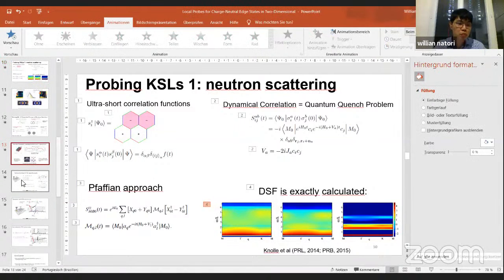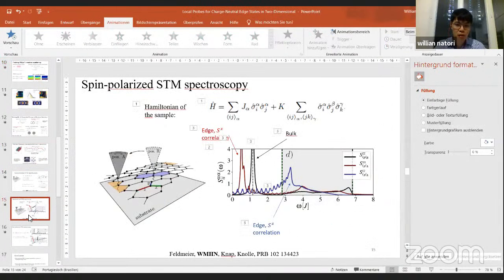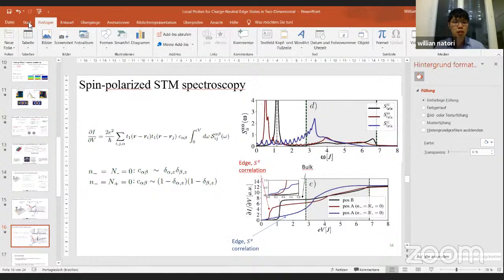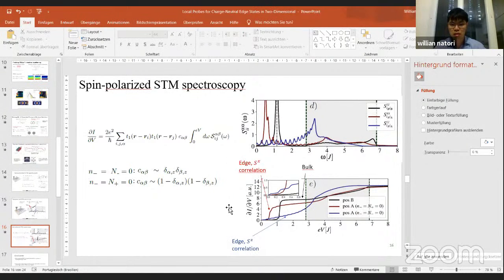So this bump in the response of the tunneling conductivity is just reflecting the formation of these vison gaps. It's quantum, but it's not really quantized in these things. Thank you.